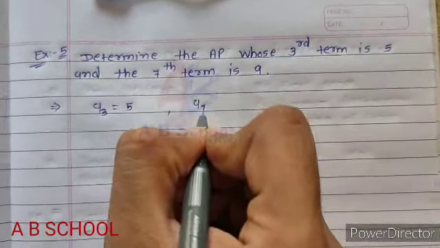By using a general form of AP, A3 is equal to A plus 2D and A3 is equal to 5. So A plus 2D is equal to 5 and A7 is equal to A plus 6D is equal to 9.